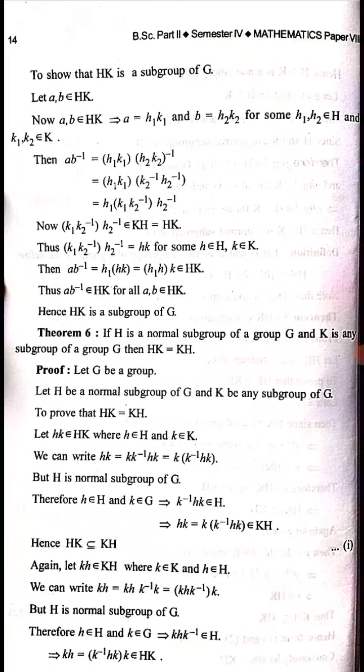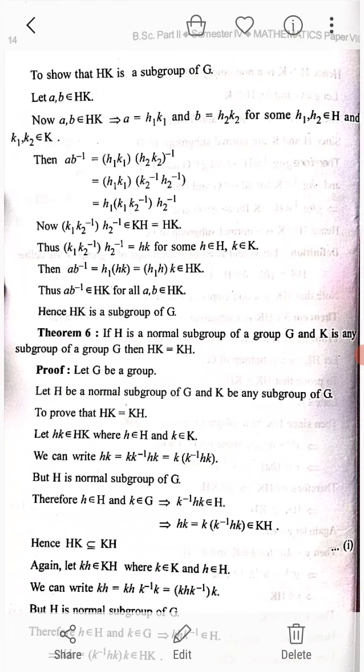Thus k1 k2 inverse h2 inverse is equal to hk for some h belongs to H and k belongs to K. Then a b inverse is equal to h1 into hk, which is equal to (h1 h) into k, belongs to HK. Thus a b inverse belongs to HK for all a, b belongs to HK.